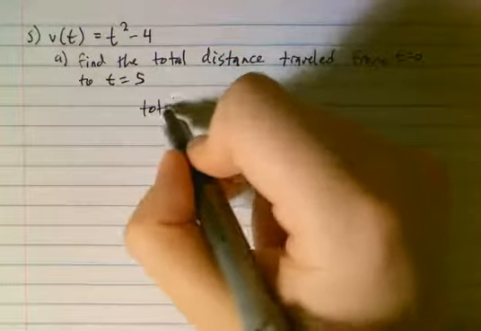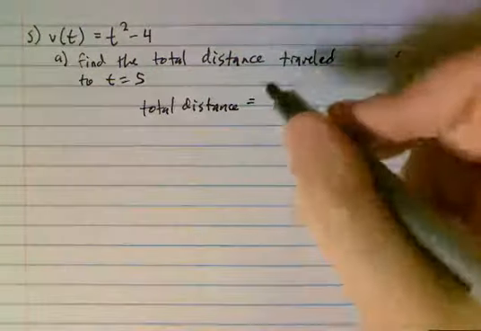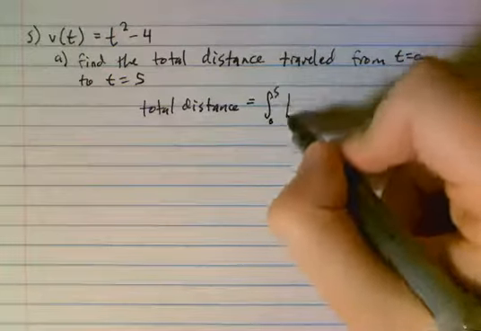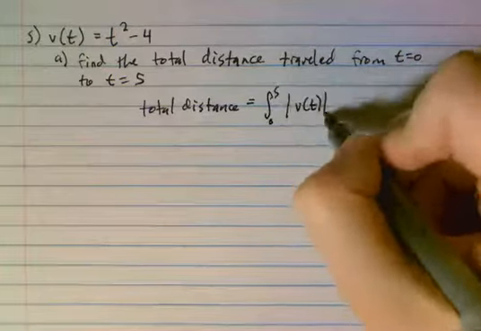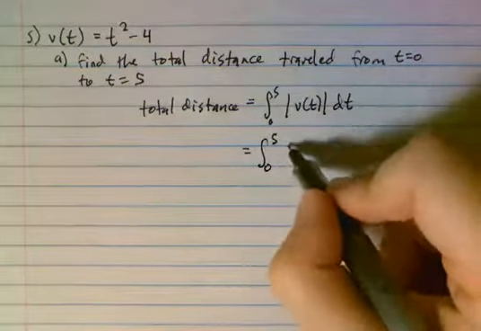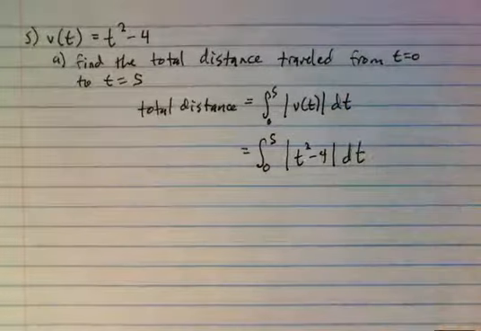So we know that total distance is going to be the integral from 0 to 5 of the absolute value of v of t, so that's the integral from 0 to 5 of the absolute value of t squared minus 4 dt.